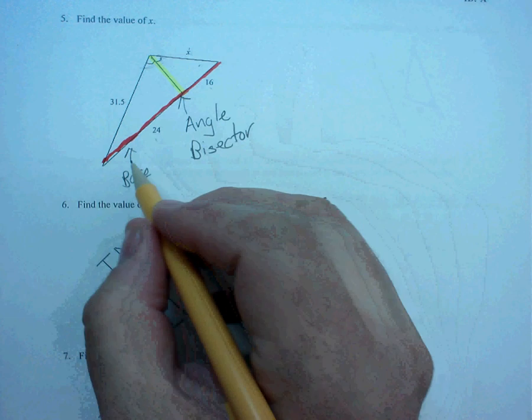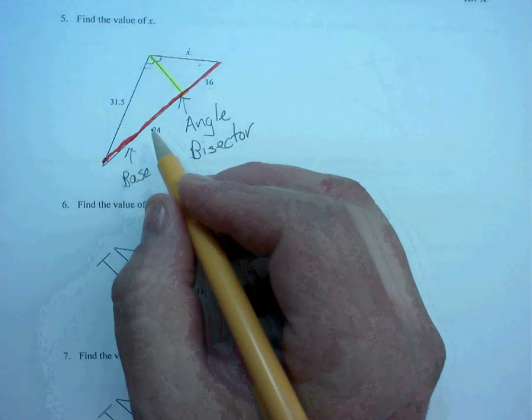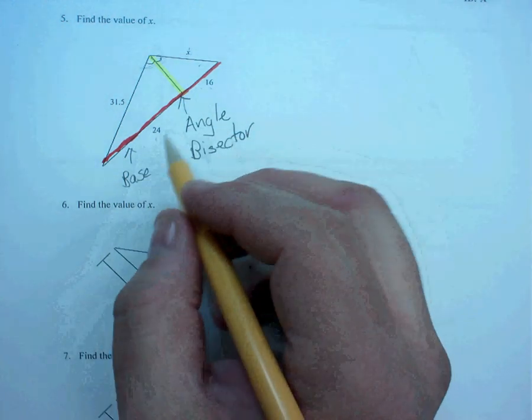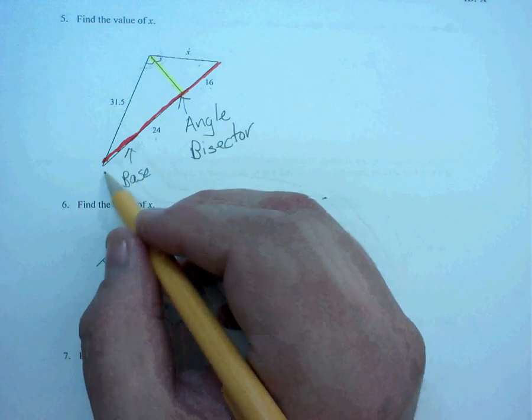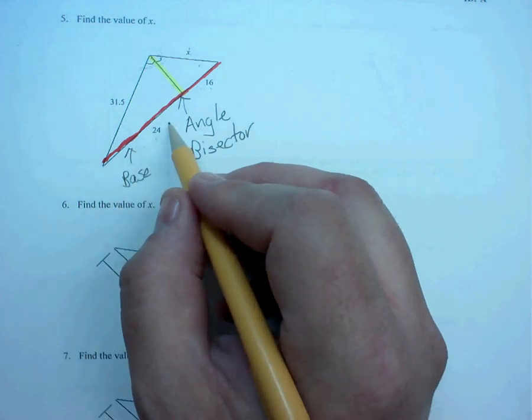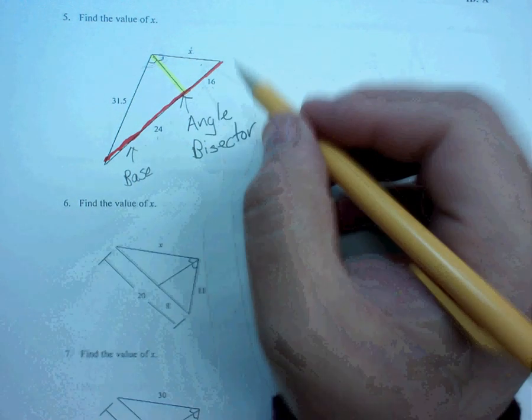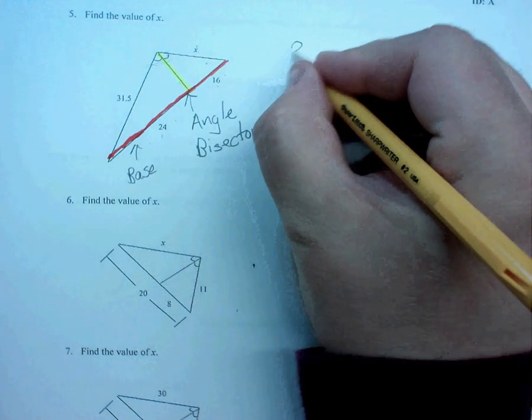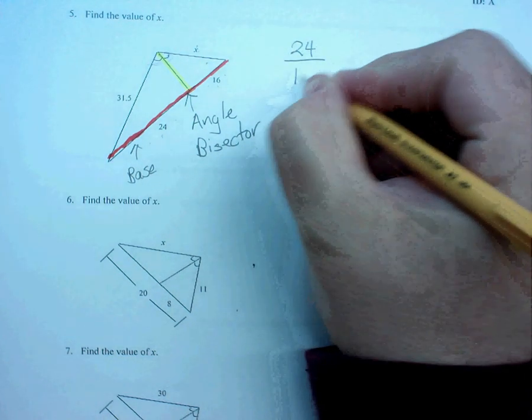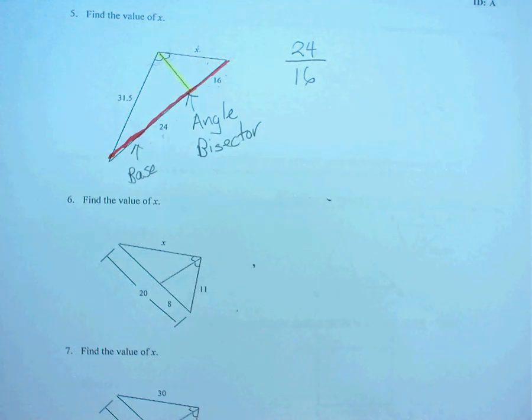So anyways, the base is proportional. In other words, this line segment here is proportional to this one. In other words, I could say 24 over 16. That's how we're going to set this up.